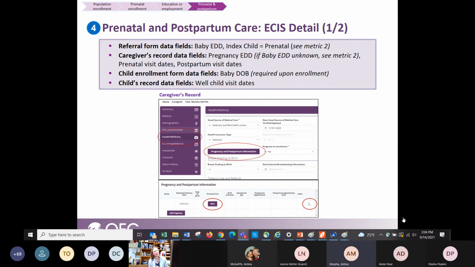So measure 4 can be on an already enrolled family where the pregnancy is occurring. They can have other children as long as the mother's pregnant and you plan on entering that child into ECIS, even if they aren't becoming the index child. Measure 2 is only on newly enrolled families, who can have other children, but they're new to you. I hope that answered it.